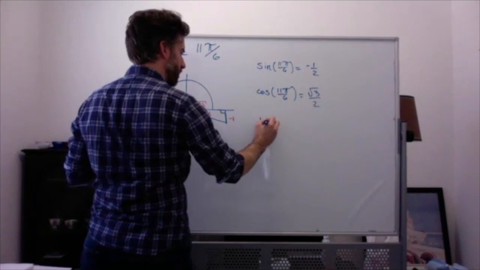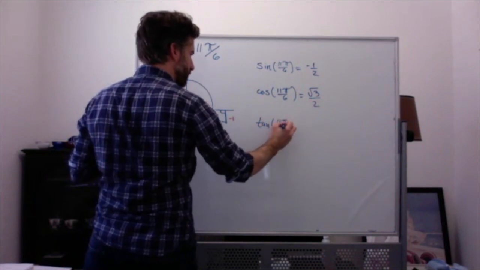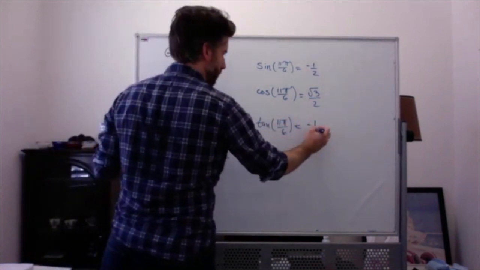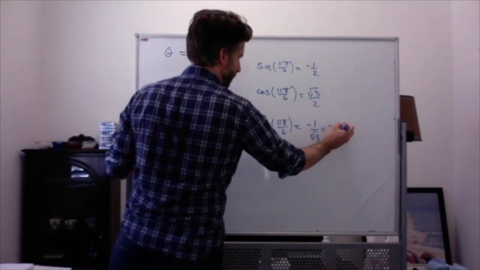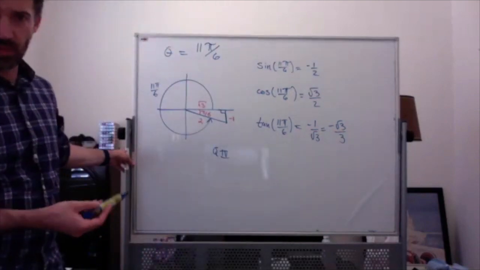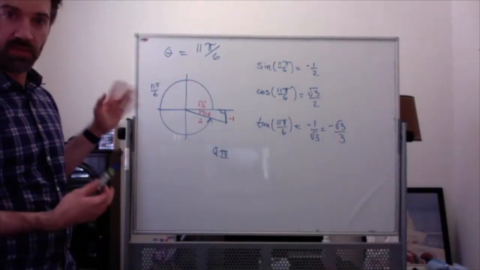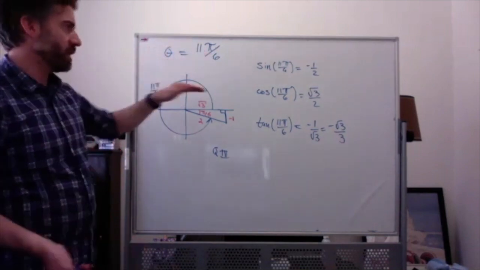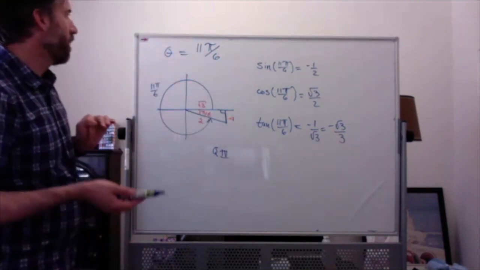And tangent of 11 pi over 6 is opposite over adjacent, which is negative 1 over root 3, which is negative root 3 over 3. And I'm going to skip the other 3 on this one just because I think you guys can all find them yourselves. You can find cosecant and secant and cotangent.